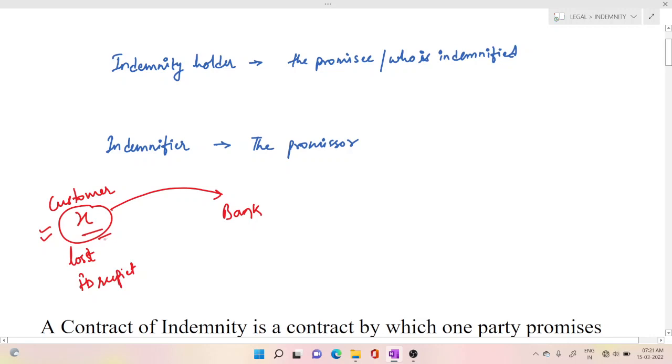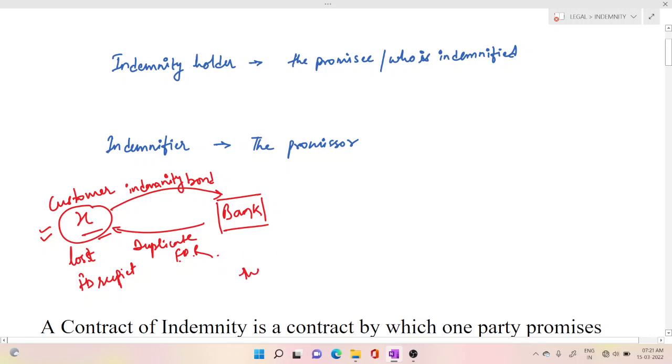If any claim is made by any third party against that fixed deposit account, Mr. X will compensate the losses that the bank will face from any third person. So Mr. X will provide the indemnity bond to the bank, and the bank will issue a duplicate fixed deposit receipt. This will secure the bank from any third party claims.